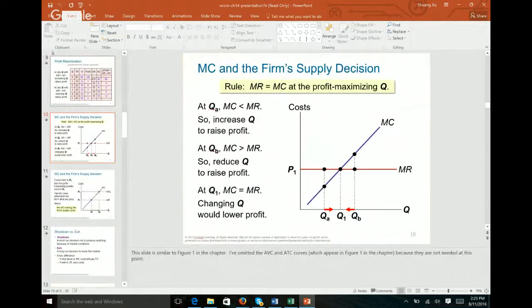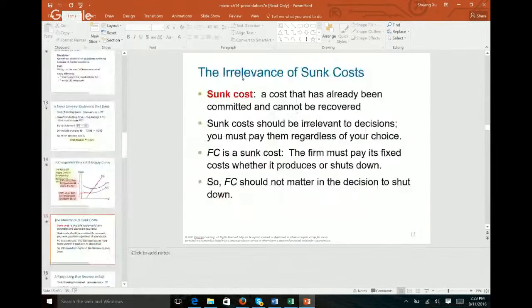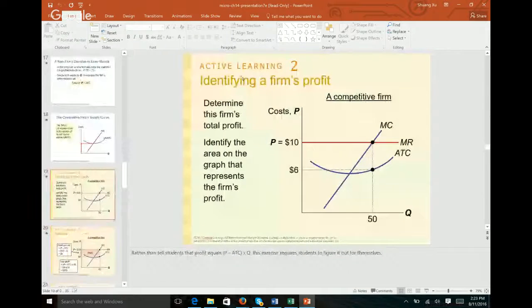Now, for perfect competition, your demand curve is also your marginal revenue curve. So this MR over here also equals the demand for the company. And for a company in perfect competition, in the long run, everybody is making zero profit. In the short run, you might be able to make some profit.